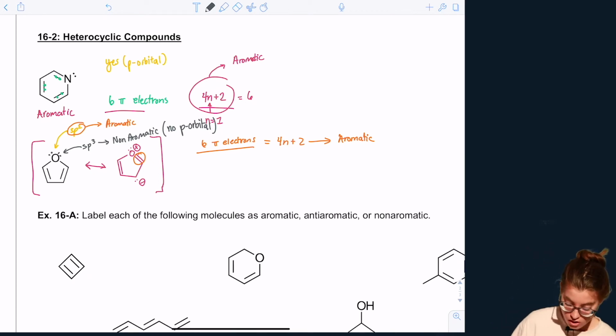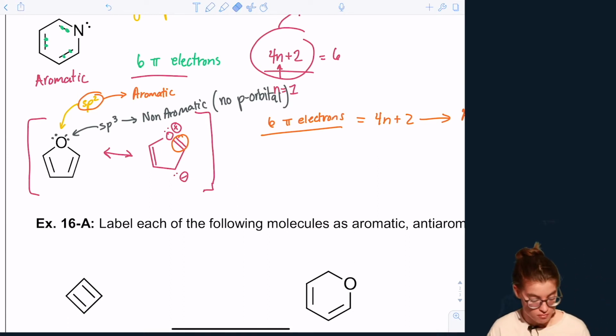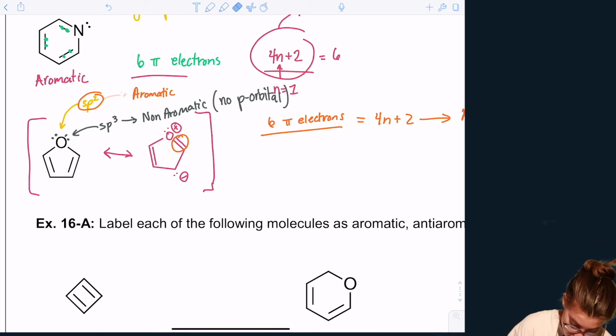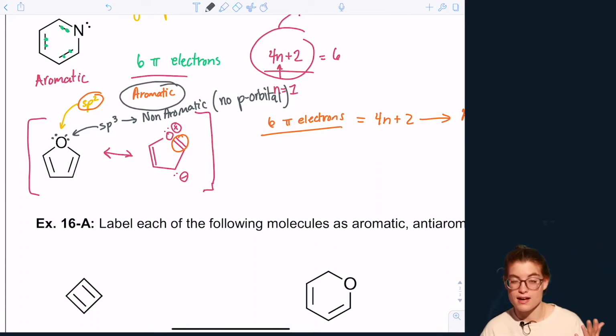All right, so let's look at our options. If this oxygen is sp2 hybridized, then it's aromatic. If it's sp3 hybridized, then it's non-aromatic. Now, what is better for the molecule as a whole in terms of stability? Is it more stable for the molecule to be aromatic or non-aromatic? Well, the answer is aromatic, because aromatic compounds are more stable than non-aromatic compounds.